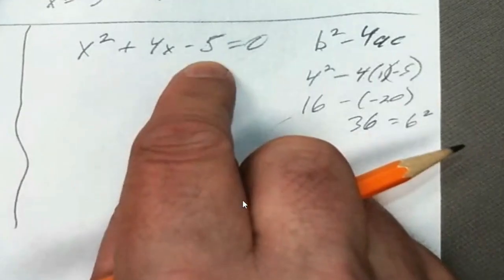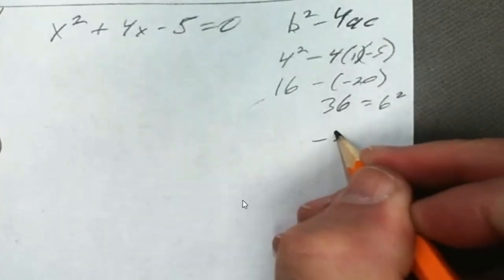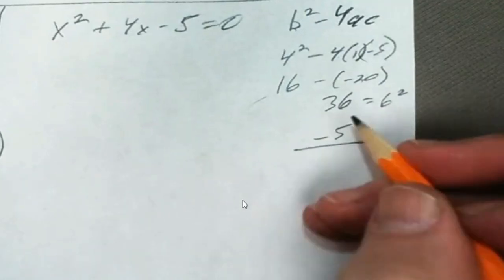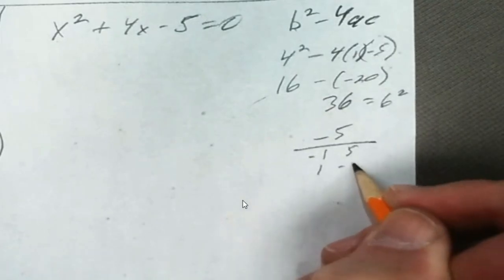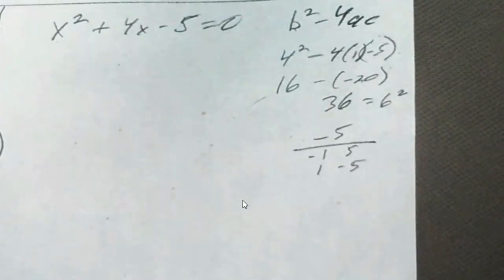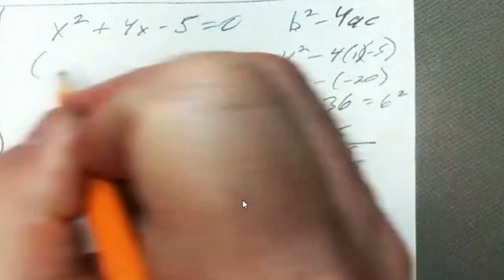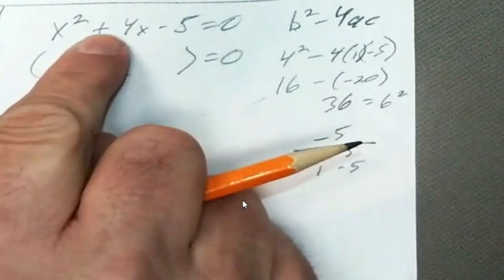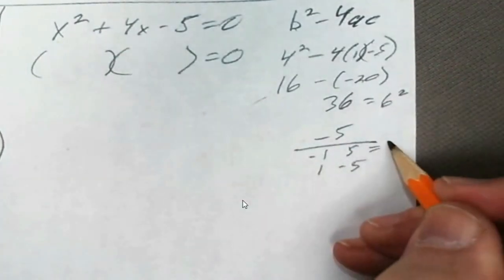So factoring, remember, we need 2 numbers that multiply together to be -5. All the numbers that multiply together to be -5 are -1 times 5 or +1 times -5. There's nothing else that can multiply together to be 5. It's a prime number. They multiply together to be -5, but must add together to be 4. -1 plus 5, that's 4.